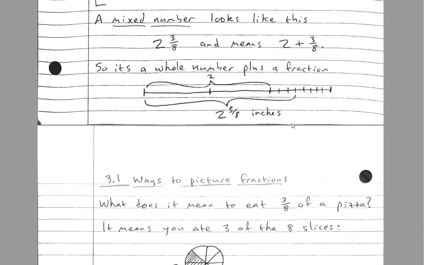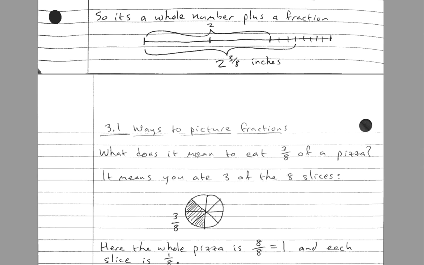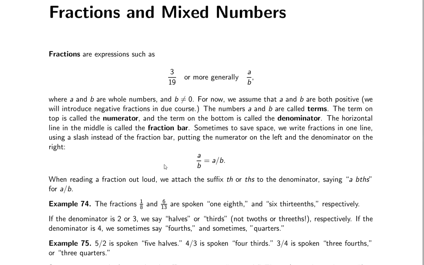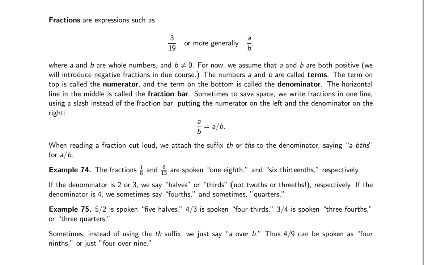We'll come back to mixed numbers, but let's just work on fractions first. There are different ways to picture fractions. Let's look in the book, more examples here. How do you say fractions? This is 1/8. This is 6/13. When the 13 is down here, it's a 13th.